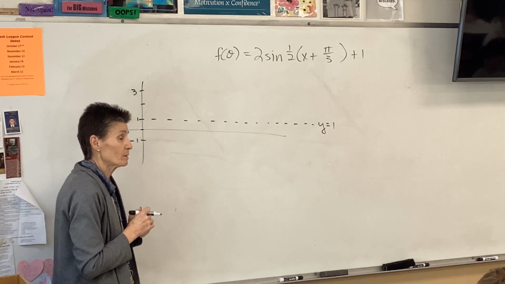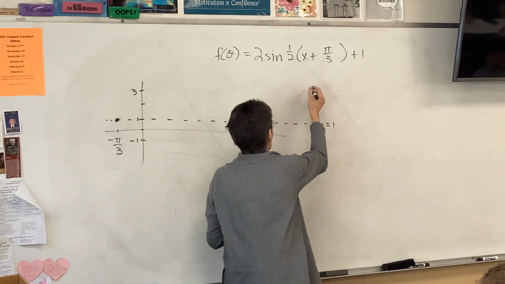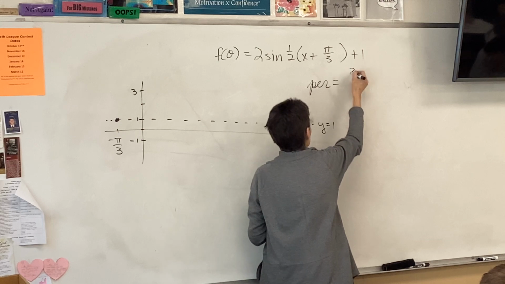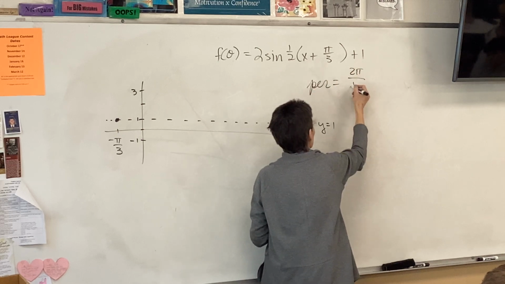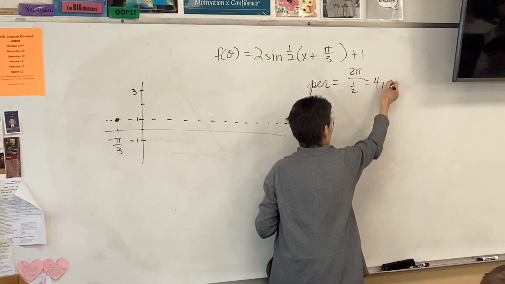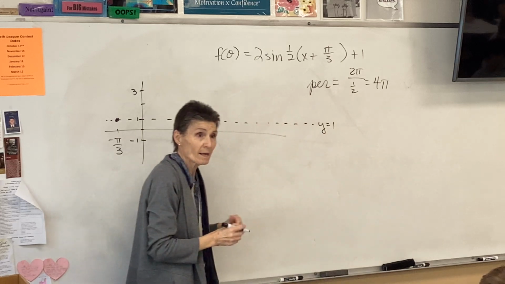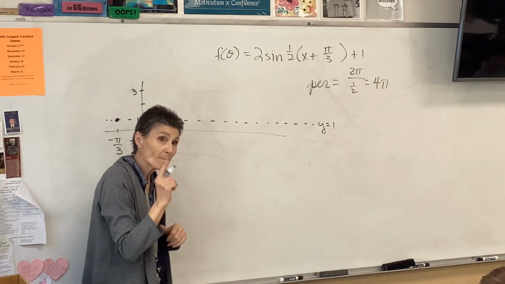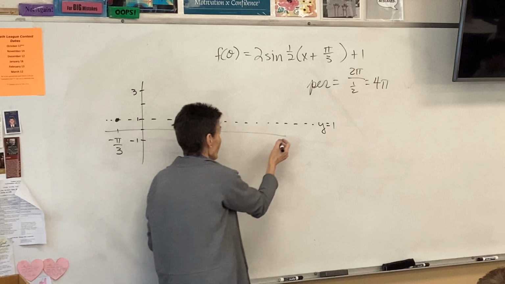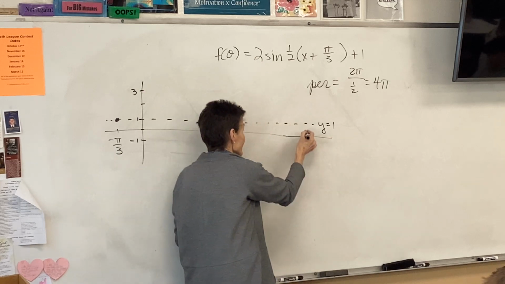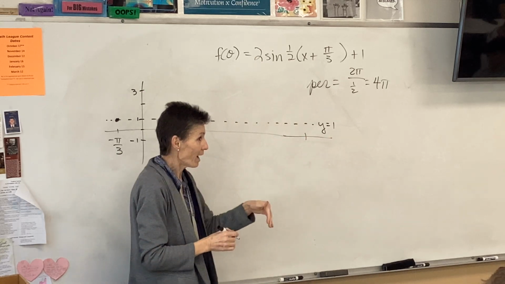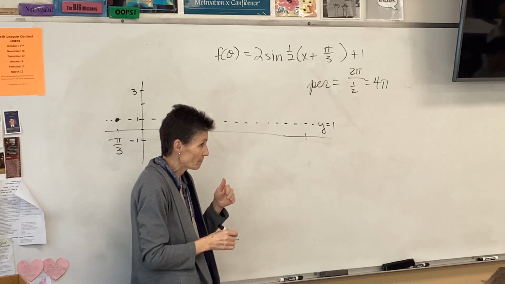Now, I need to know what the period is. So I'm going to look over here at my equations. Period is 2 pi divided by b. So my period is 4 pi. That means that my curve is going to end exactly 4 pi after it starts.